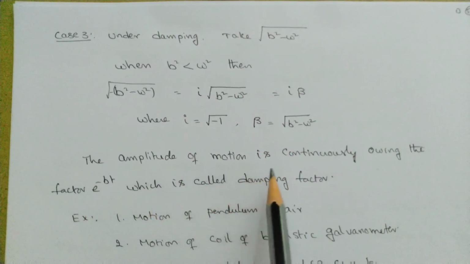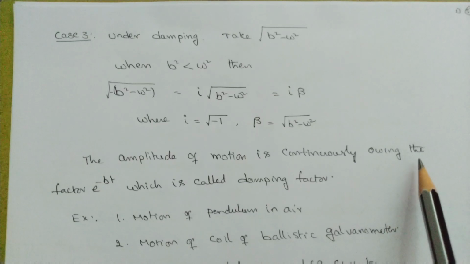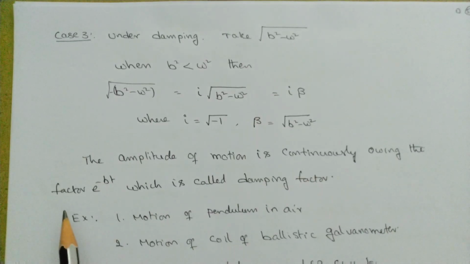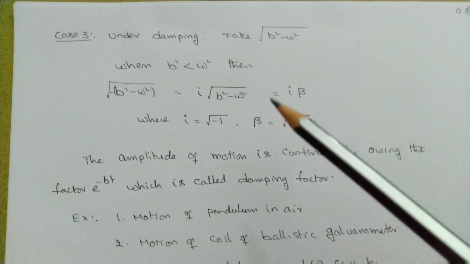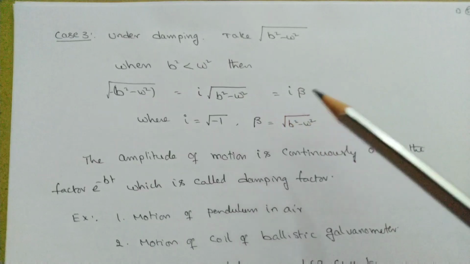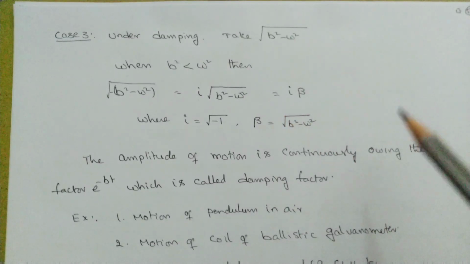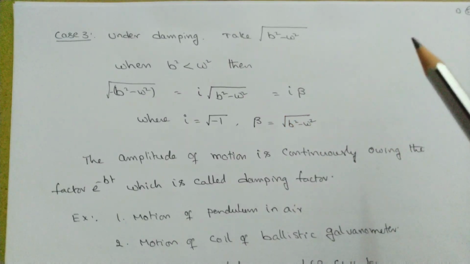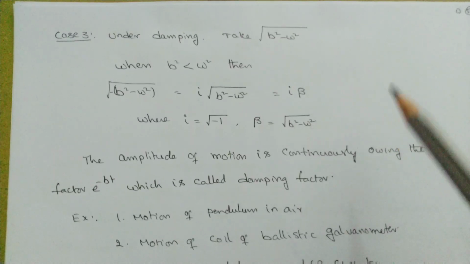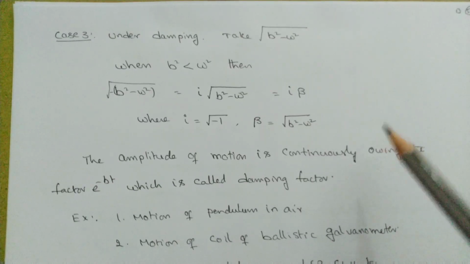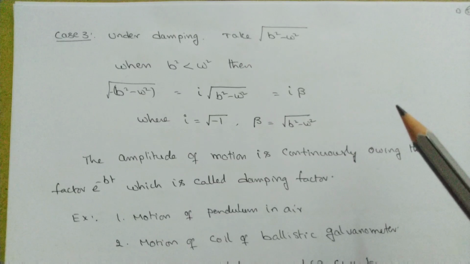Now the amplitude of motion continuously decreases by the factor e^(-bt), which is called the damping factor here. That means whenever the damping factor is very small, the body oscillates like this without stopping for a while. That means after certain oscillations only it comes to the equilibrium position.